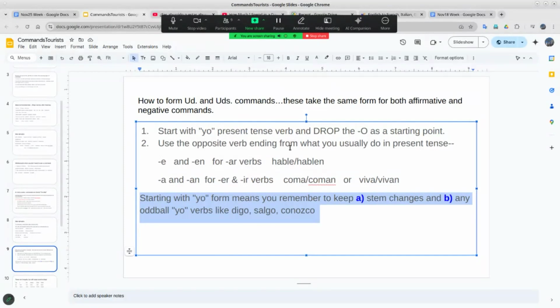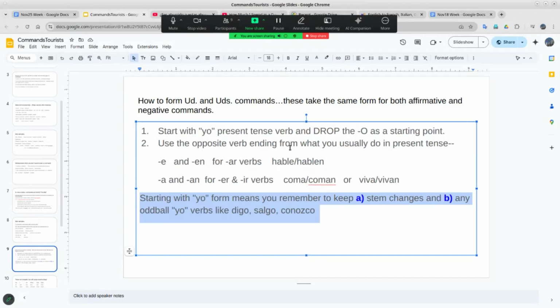And if you start with a yo form, you will not forget about the stem change. Like cerrar has that IE stem change in the middle. So if you start with a yo form to get to that command, you won't forget about the stem change.